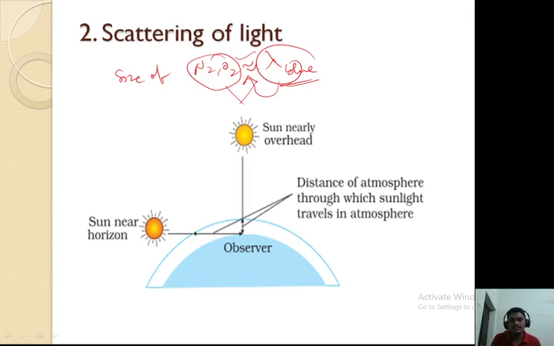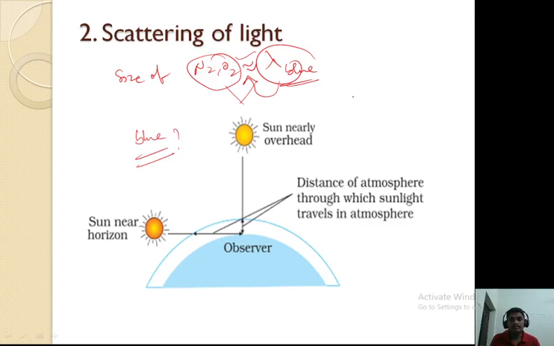The blue light is absorbed by these atoms and re-emitted in different directions with different intensities. That is why we see the blue color of the sky.